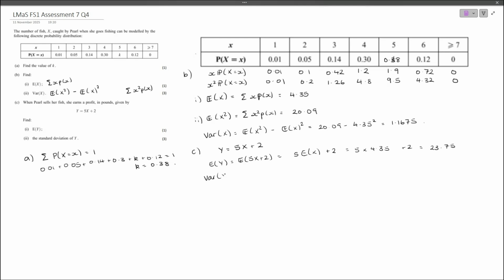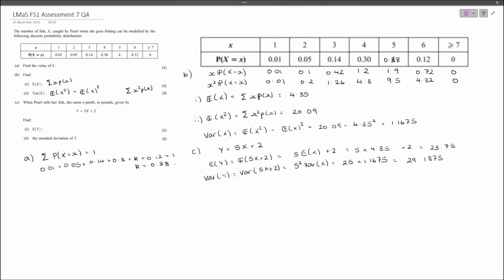The variance of Y is equal to the variance of 5X plus 2, which is equal to 5 squared times the variance of X, which is equal to 25 times 1.1675, which equals 29.1875.